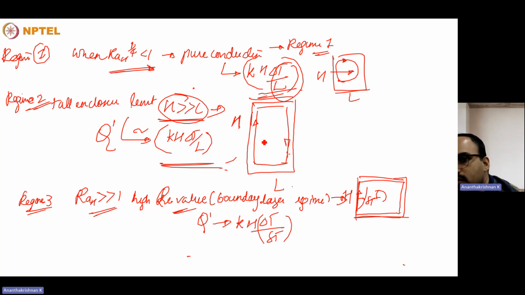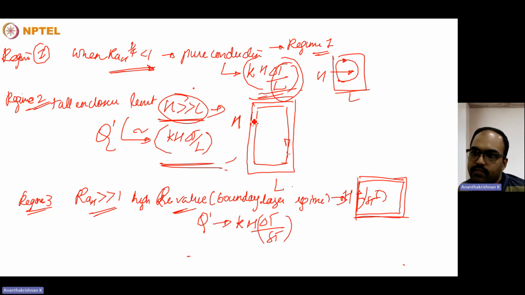In the case of the tall enclosure, the same happens with respect to L. In this case of a tall enclosure, the formation of the boundary layer, it should be a tall enclosure.